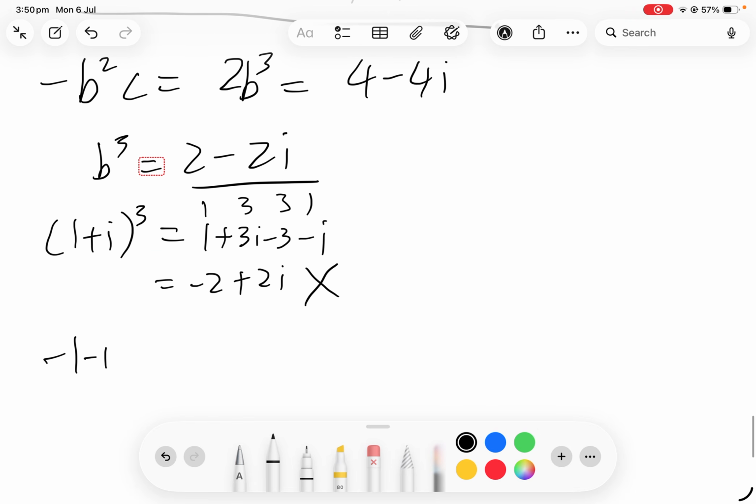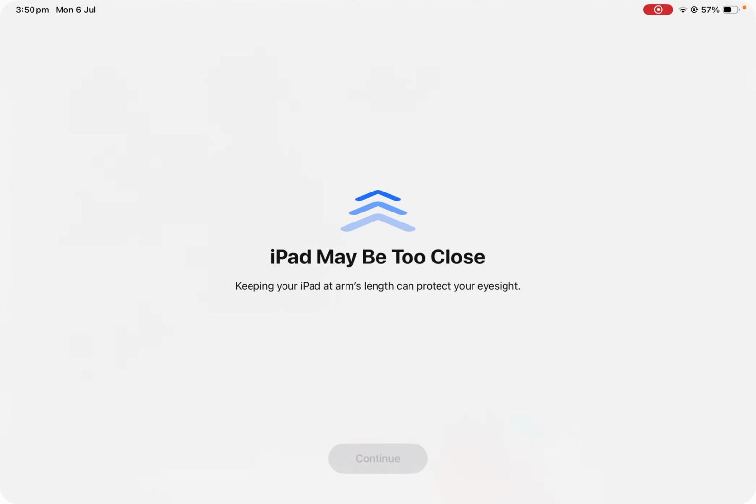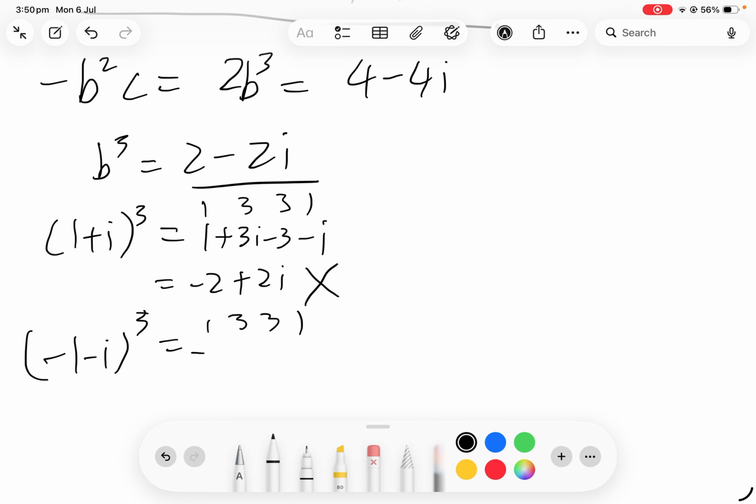Okay, so now negative 1 minus i, cubed. Negative 1 to the power of 3 is obviously negative 1, from 1, 3, 3, 1. Now, negative i to the power of 1 is negative i, so the next term is 3 times negative i. Then there are two negative i's, which becomes a 1, so it should be negative 3.